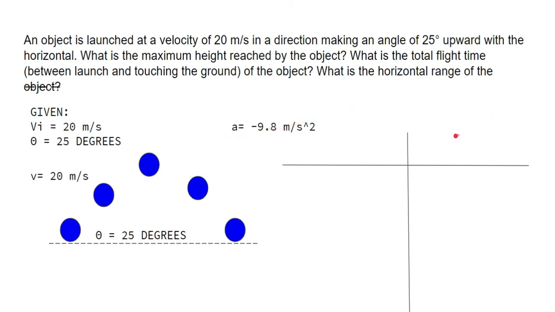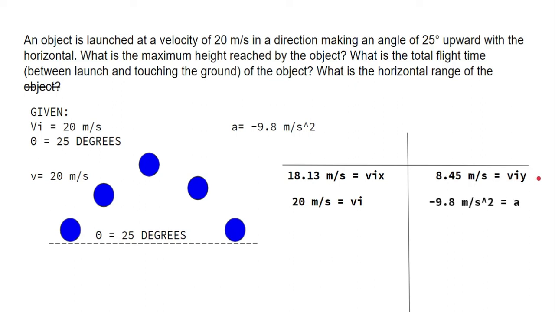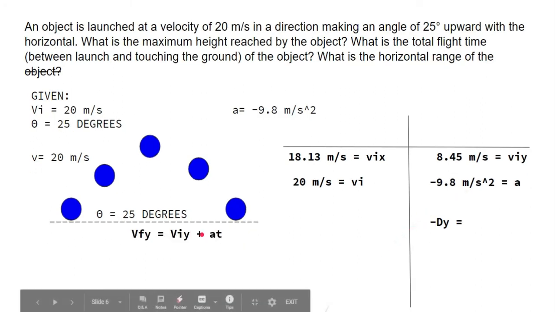Since we are asked to solve for the vertical component, we should concentrate on the vertical axis, or the y-axis. So we have solved this 8.45 meters per second, and we have an acceleration which is negative 9.8 meters per second squared, and we are asked to solve for the dy, or the height, which is this one.